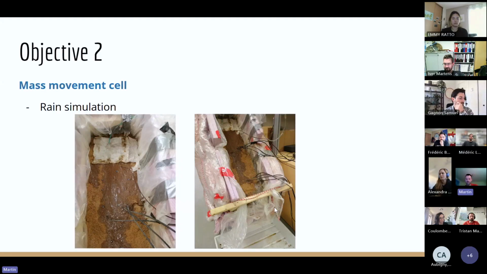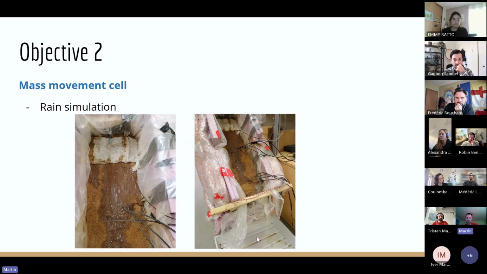The box also had a back door which could be opened, and we could see if there was a slide, so the upper surface layer would be removed to the bucket. We were also trying to test this, but unfortunately, this was at the end of January, so I didn't have many experiences and results with this. We just started this process, but this was the core of the internship.